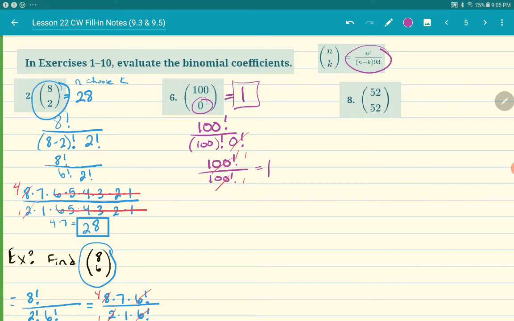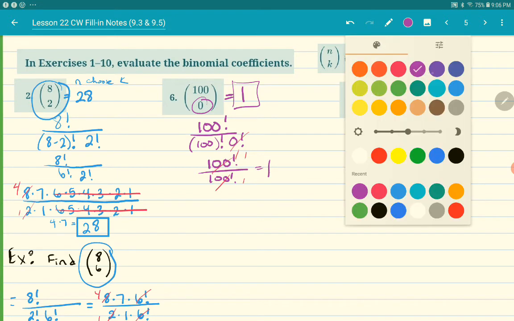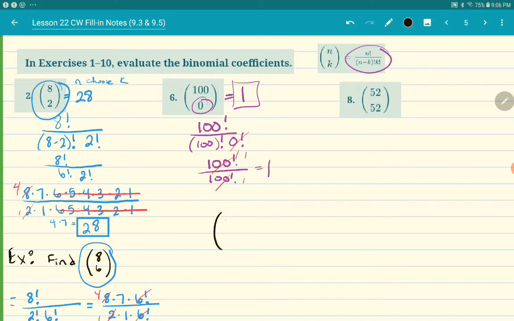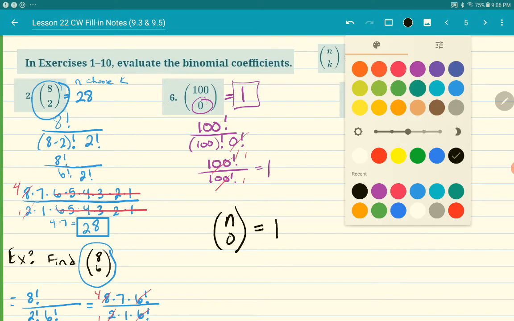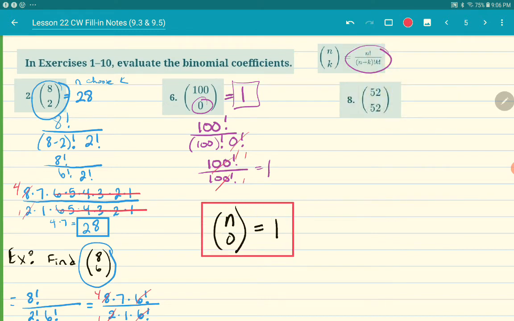So n choose 0 is always equal to 1. I'm going to write that as a rule. What color should I use for a rule? Let's do black. N choose 0 always equals 1. And I'll do a red box around it, a study tip box.